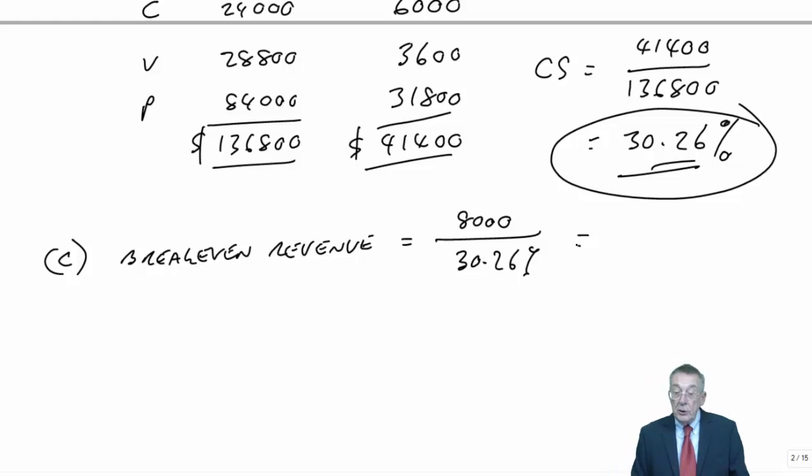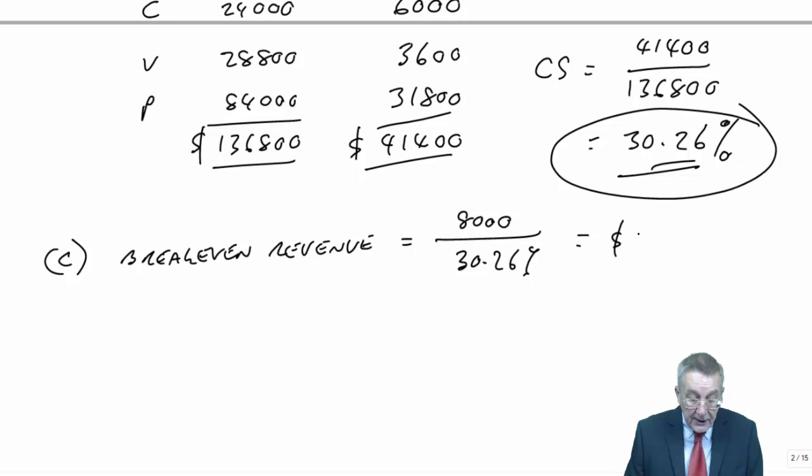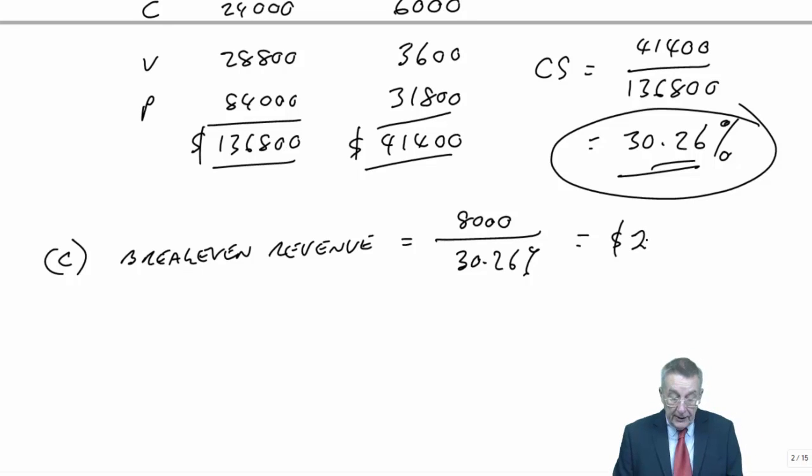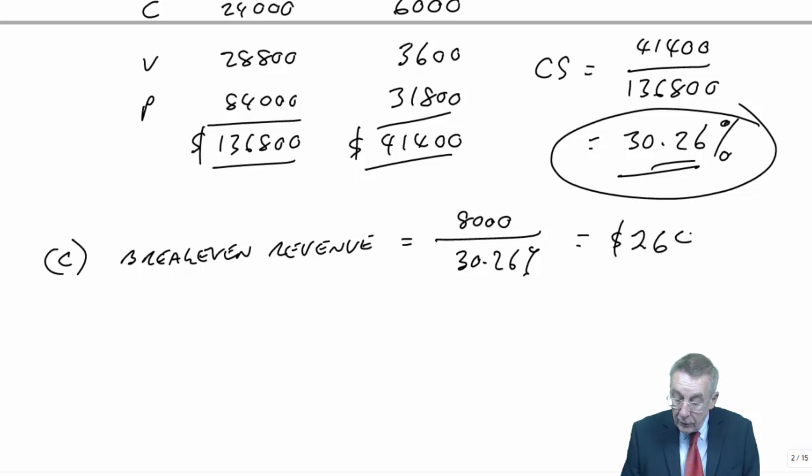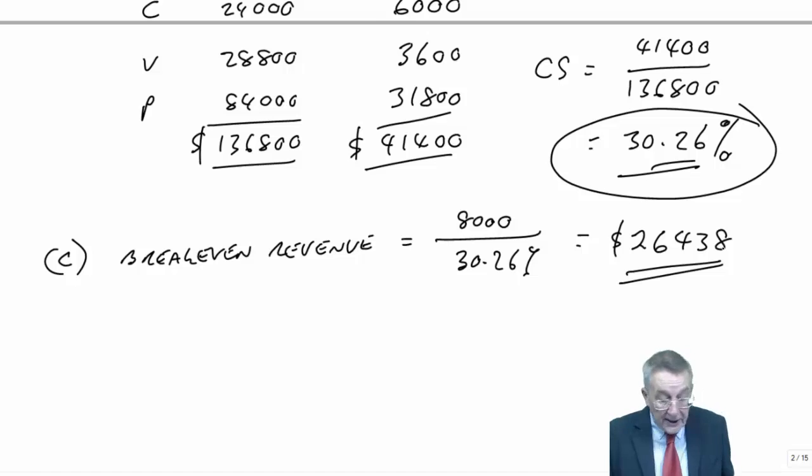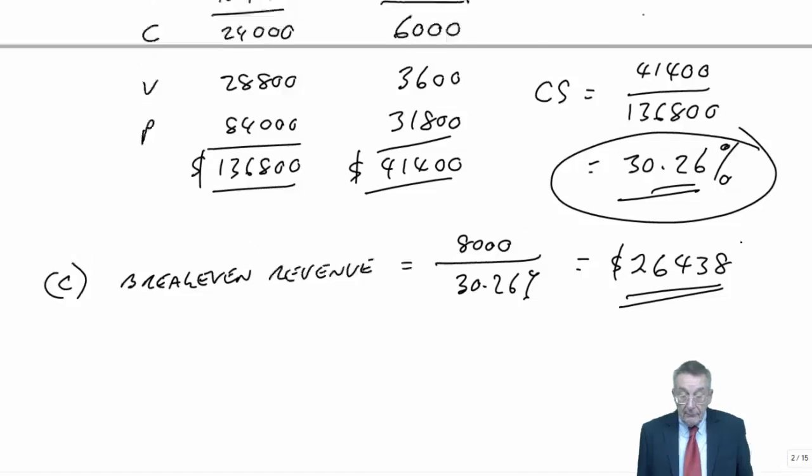the total revenue we need to achieve to break even is not the nicest figure in the world, but 8,000 divided by 30.26%. Yeah, 26,438. Okay, so there's our break-even revenue.